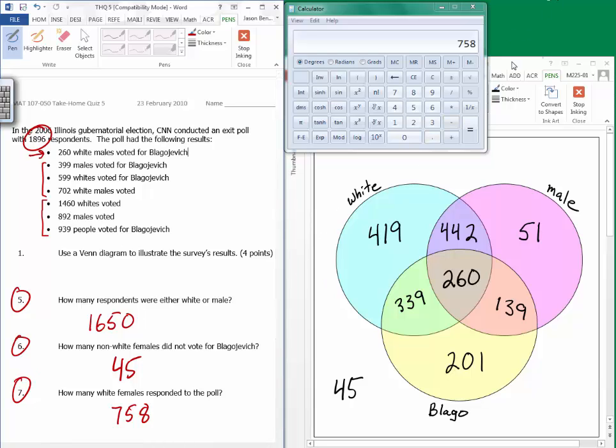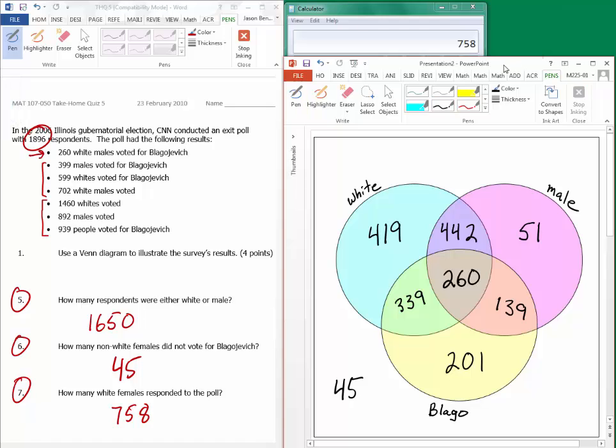So that's the example of how we can use Venn diagrams to organize the data from surveys, and in so doing, be able to easily and quickly answer questions about the survey data.